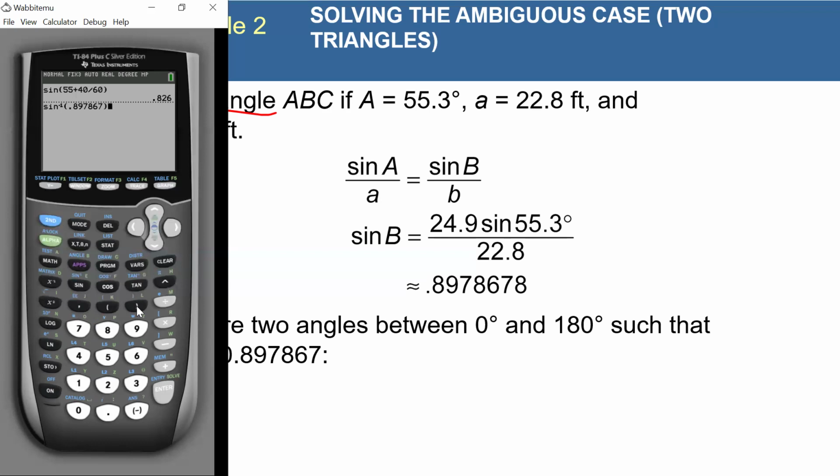Remember, the inverse tells you your angle measurement. So in quadrant 1, our angle is 63.879. Therefore, in quadrant 2, it has to be 180 minus that value. Does that make sense?